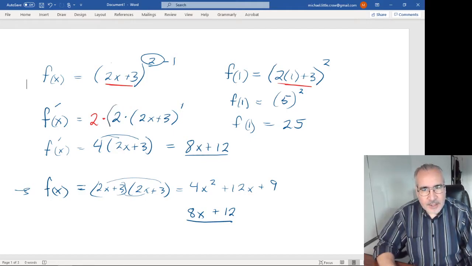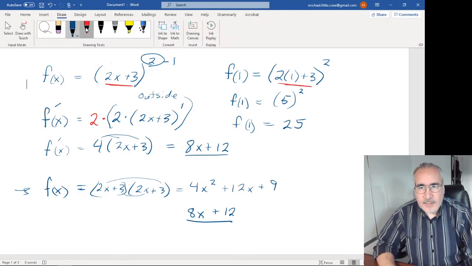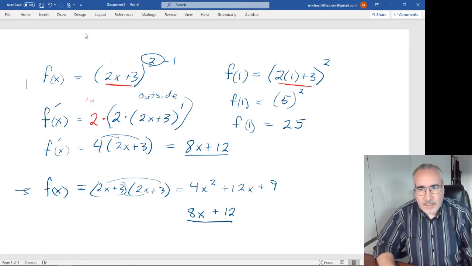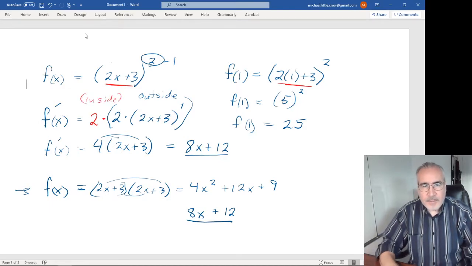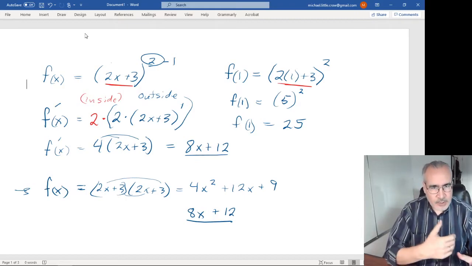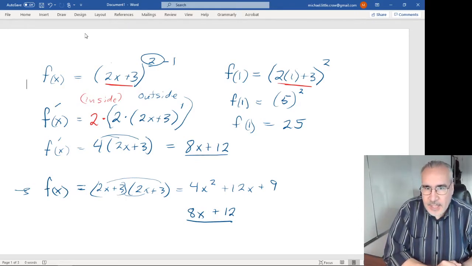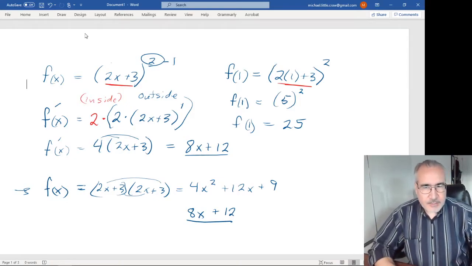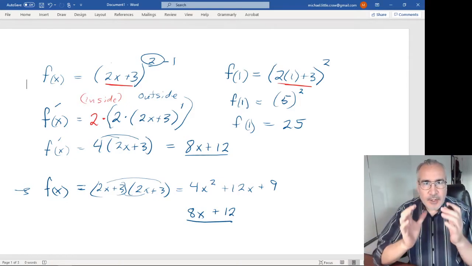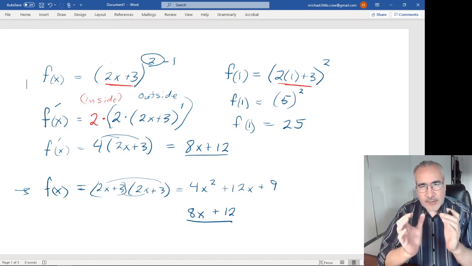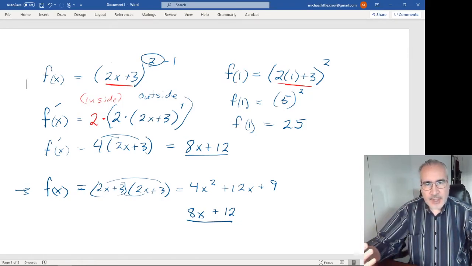So again, this was the derivative of the outside times the derivative of the inside. This works as well, and what we'll do now is we'll just get some practice using a few examples that will help us get used to looking at functions, that there's an inside function and then there's an outside function.